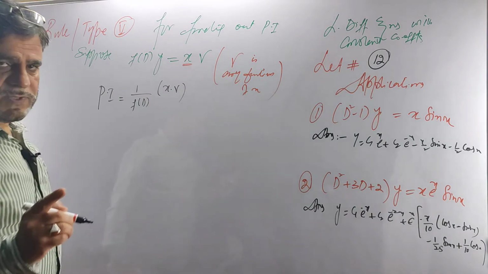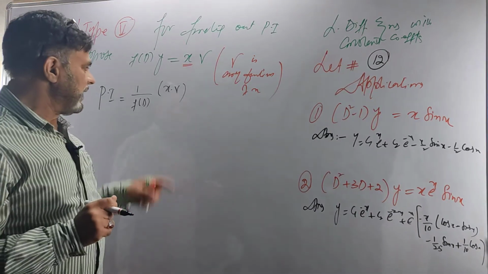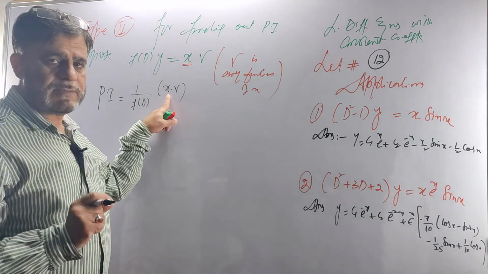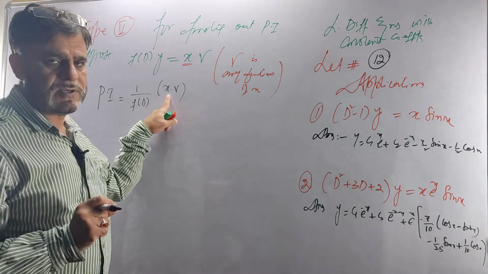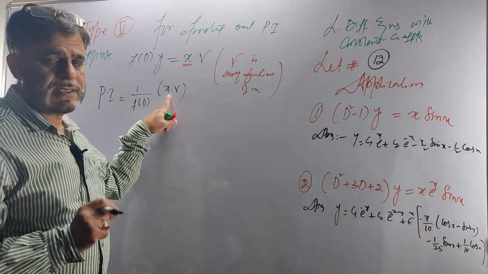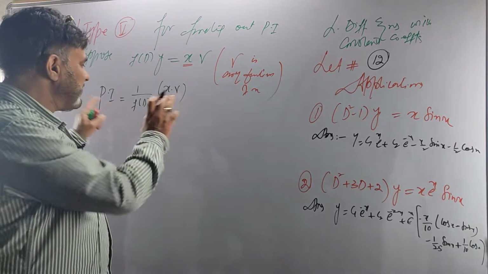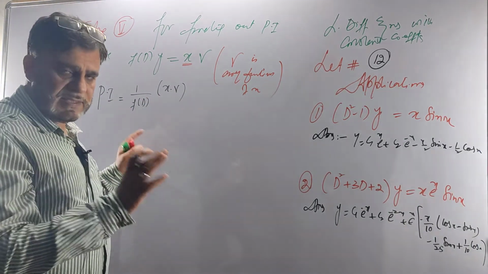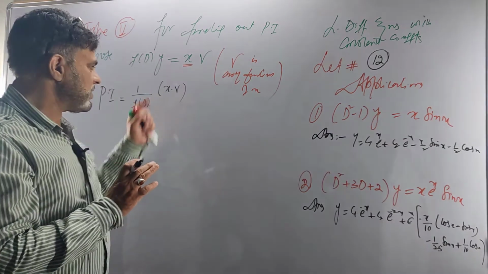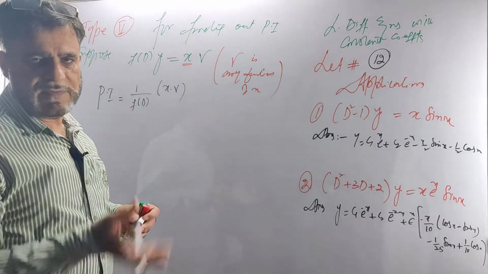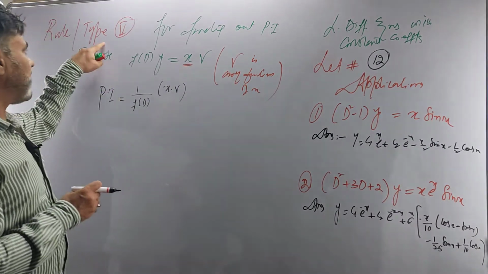I again remind you that this x independent variable should be here in the linear form. If it is not linear, if it is quadratic, cubic, and if we go by this method, it will be a lengthy one. And for that, suppose it is x square cos x, I will go to the type 4th.